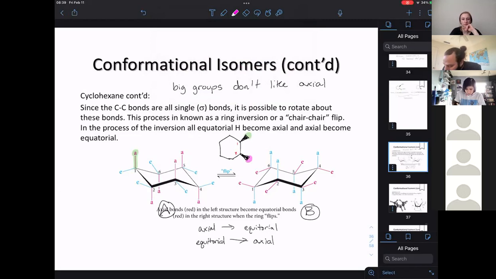So that means it's going to be this equatorial bond here. If it was a dash, like we saw on the previous example, it'd be pointed into the page in this axial position, but it's a wedge. So it needs to be the bond on the top there.